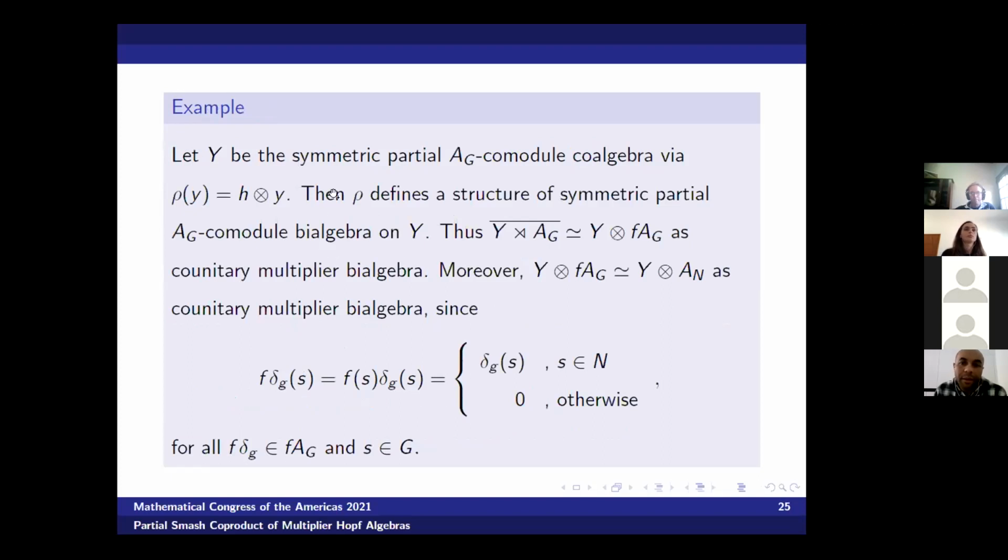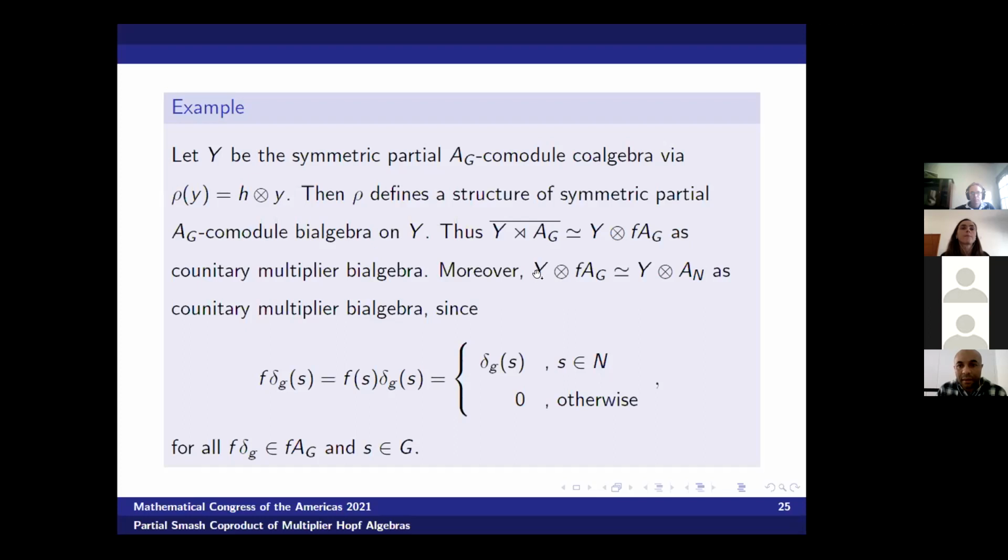And here we take the driving example constructed by Van Daele. Consider a symmetric partial comodule coalgebra defined like this. Then we prove that this map has a structure of comodule algebra, partial comodule algebra. Then we have a partial comodule bialgebra. And using the previous result, we have this isomorphism, this concrete identification.